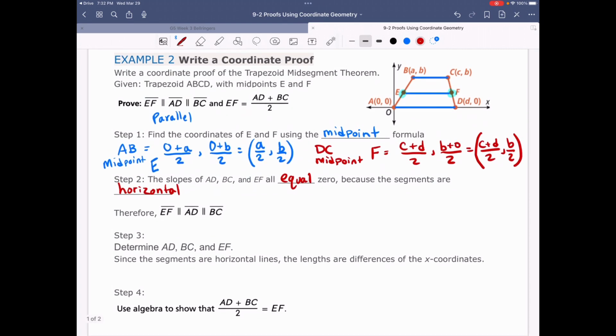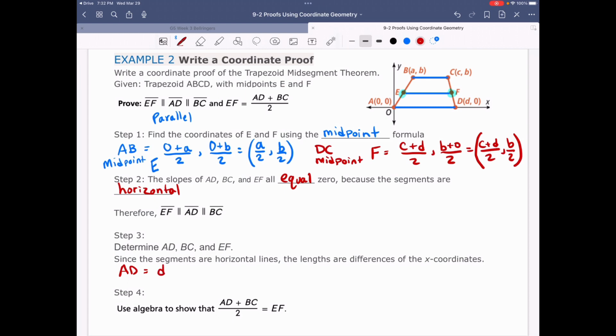Step 3. Determine the distance of AD, the distance of BC, and the distance of EF. Since the segments are horizontal lines, the lengths are differences of the x coordinates. So we just have to subtract the x coordinates, right? So for AD, that is equal to d minus 0, which is just d.